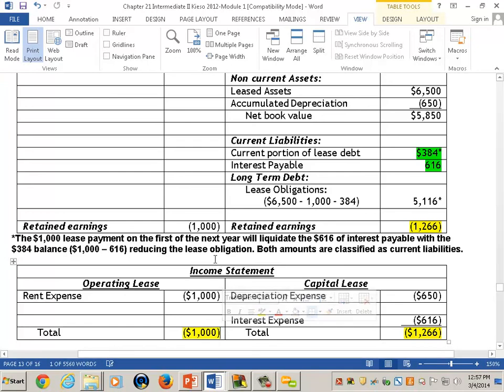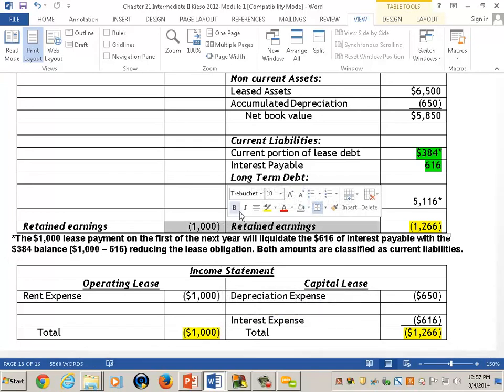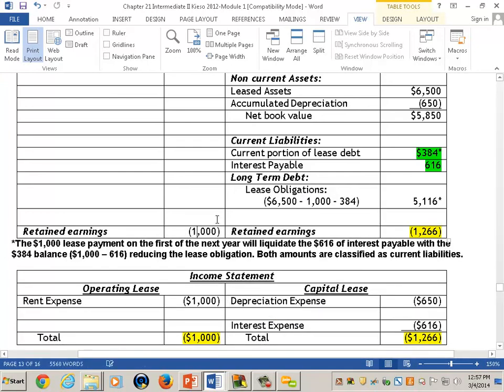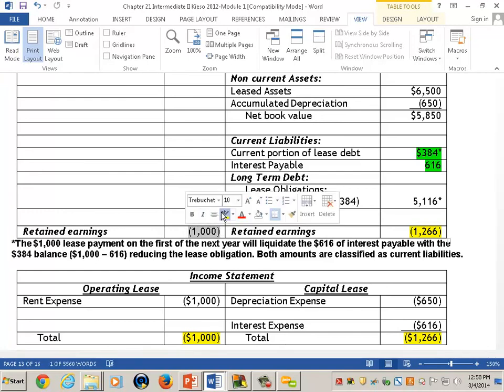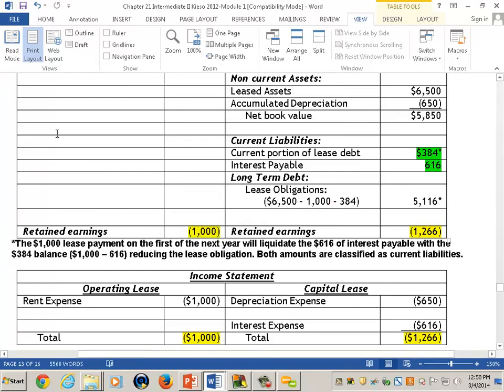Same idea. It's going to be closed out. You get the idea. All right, so again, it's going to be moving from the income statement into the balance sheet. Okay. Any other questions on the financial statements?